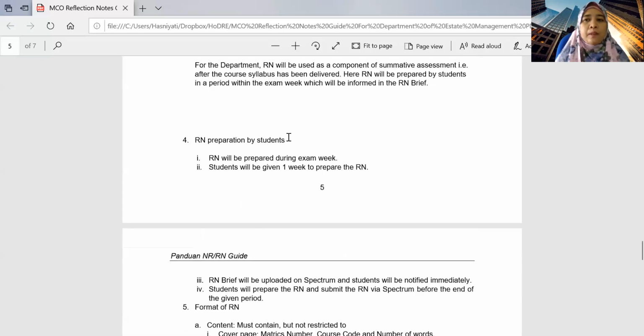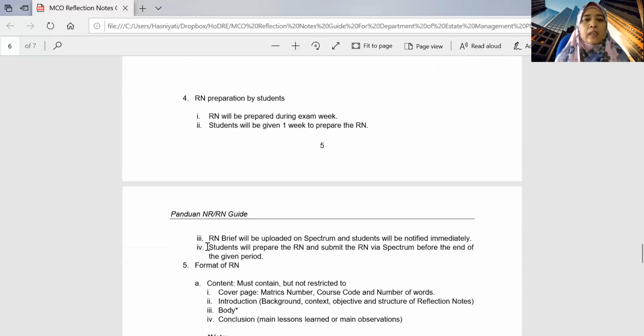Then, what will be your responsibility in terms of reflection note preparation? You will prepare reflection notes during exam week. You will be given 1 week to prepare them. The reflection note brief will be uploaded on Spectrum, and you will be notified immediately once the lecturer has uploaded the RN brief.